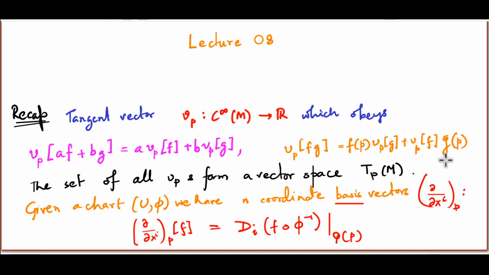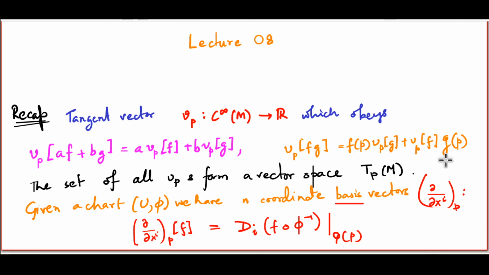Now if you were to take the ith partial derivative, capital Di, of this function f composite phi inverse, and evaluate that at the point phi of p, the point on phi of U which gives you the coordinates of the point p according to your chart, then you get a number which is defined to be del xi at p acting on f.